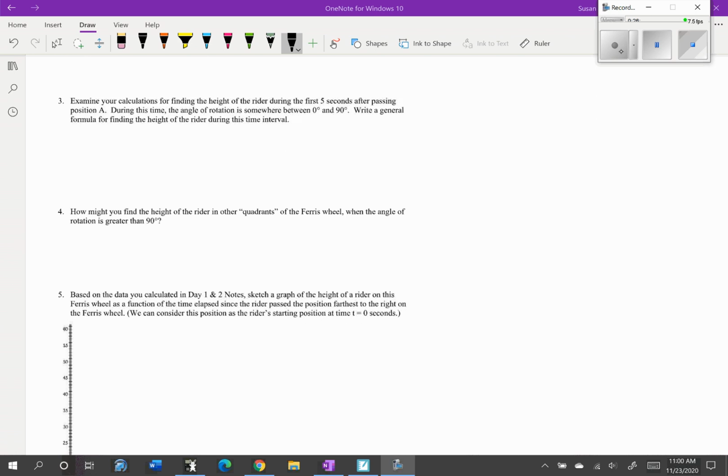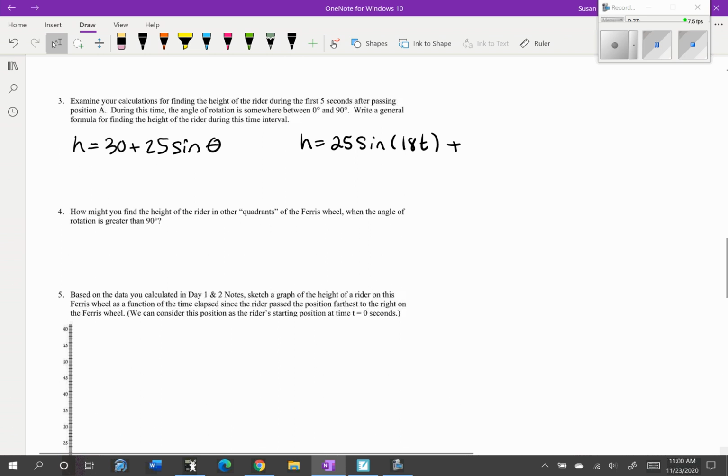So for this one, this is where the height is equal to 30 plus the radius, which is 25, times the sine of the angle that we had. And so that theta could be for the reference angle. If we did our height using our angle of rotation, it was 25 times the sine of 18t plus 30. So this one's for the time in seconds.